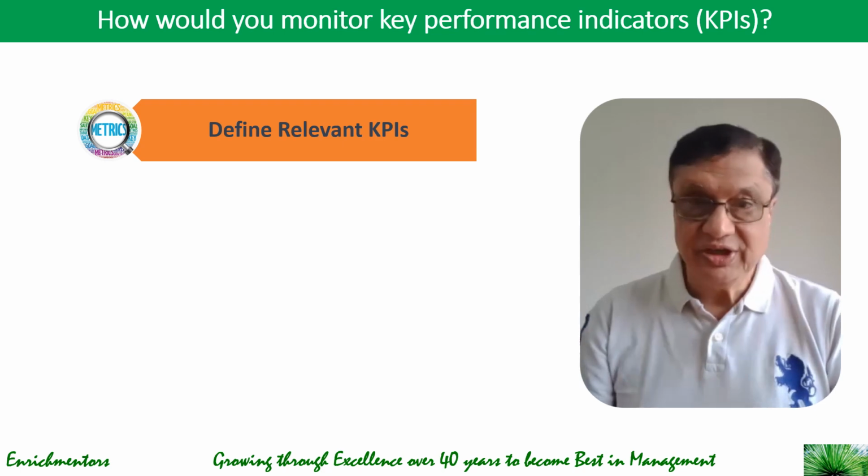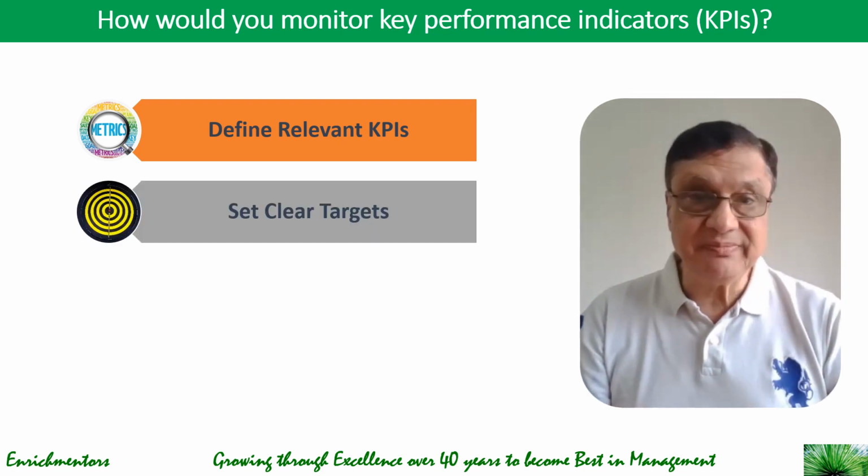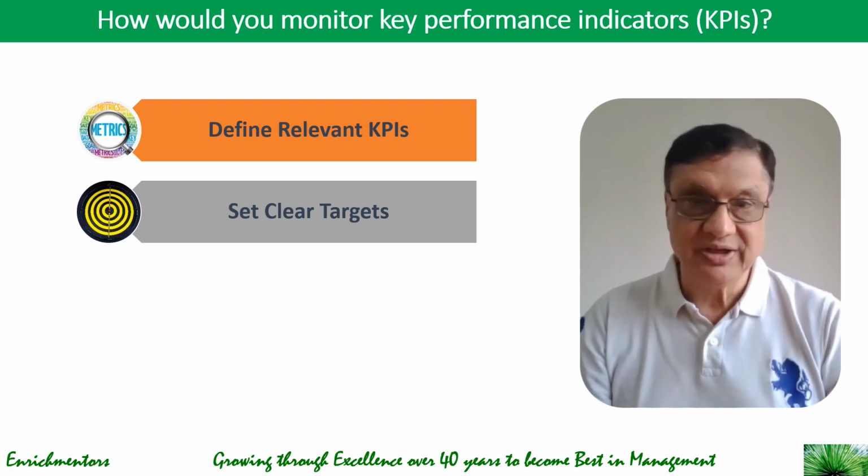Then what you need to do is to establish clear, measurable targets for each KPI. For each KPI, you must have a clear measurable target. And these targets should reflect what success would look like for your product.